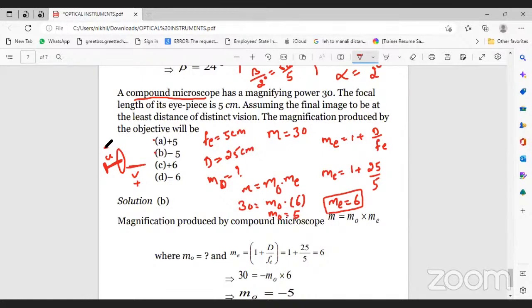If I take the ratio V by U, I should get negative, right? So the magnification of the objective lens is always negative. So you have to go for minus 5, option B.